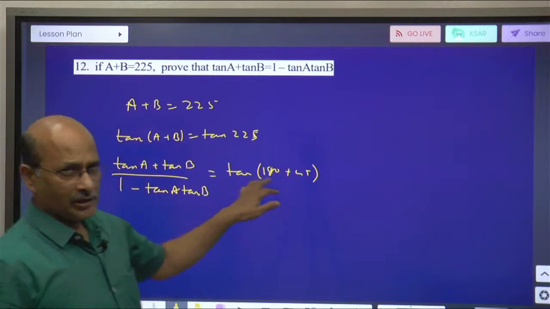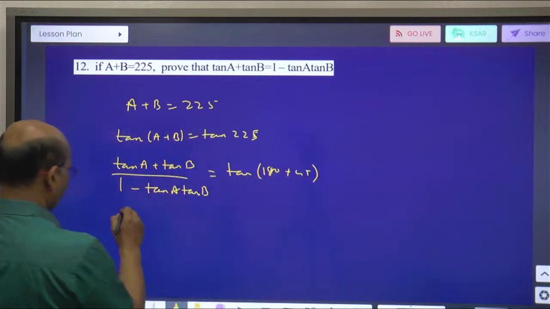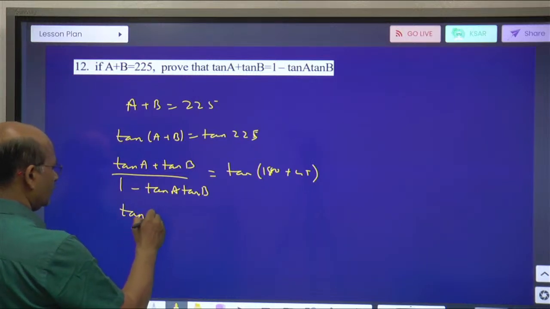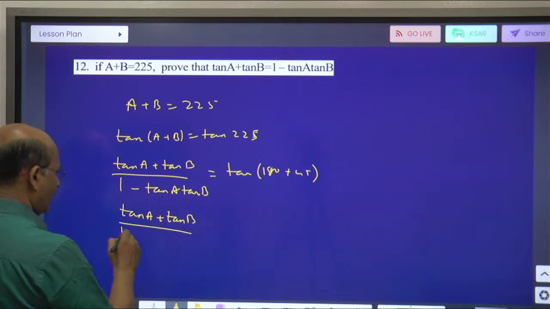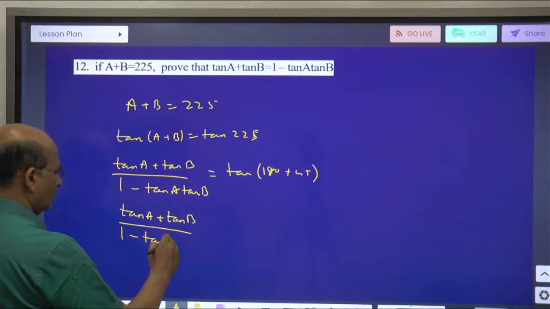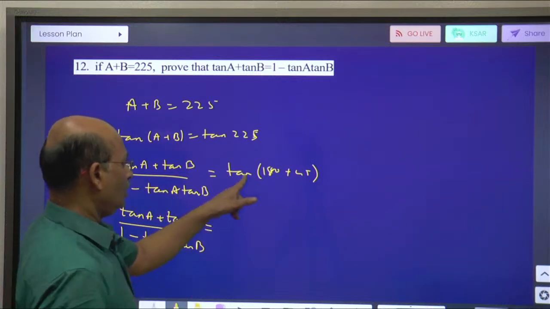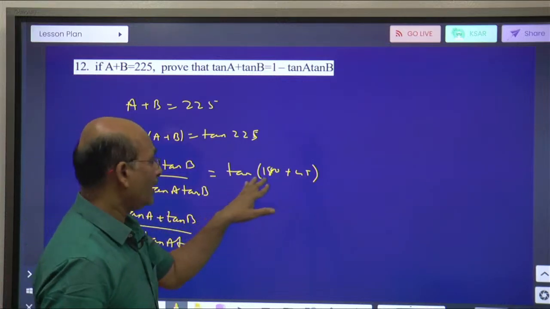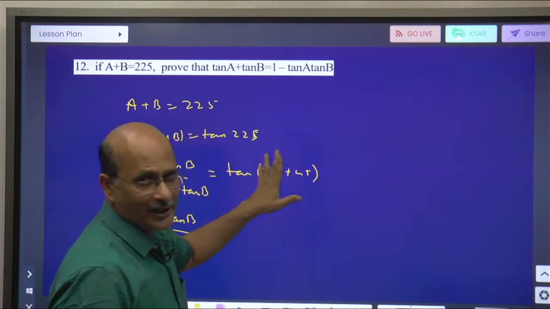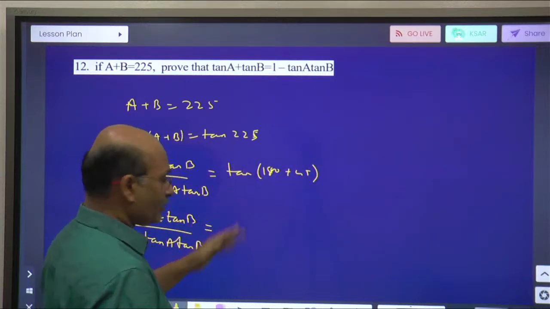Third quadrant, the ratio remains the same. For 180, the ratio remains the same, and for 180 plus 45, third quadrant, tan is positive, so tan 45.